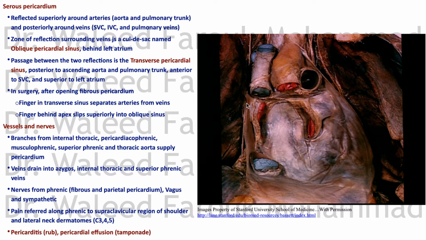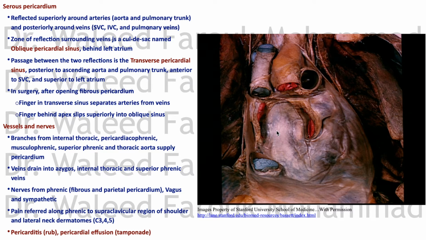Okay, the vessels and nerves that supply the pericardium: we have the internal thoracic with its pericardiacophrenic branch. Branches from the aorta, the superior phrenic, supply the pericardium, and the venous drainage follows the arteries, of course, not to their sources, but to the azygos and internal thoracic, actually.